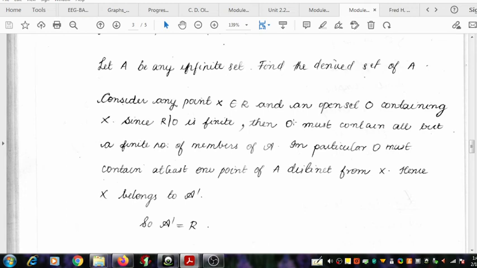So any member of A must be a member of O or a member of R minus O, and not both together.